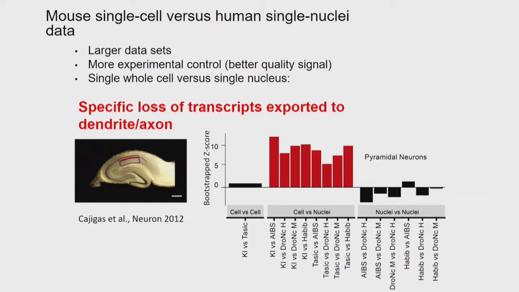For our kind of analysis, this is very unfortunate, because the transcripts that go out to the dendrites and axons are, of course, heavily enriched for schizophrenia signal. These are the synaptic genes, etc. This is consistent across all the studies that we compared. And again, if you compare nuclei to nuclei, you don't see this difference.